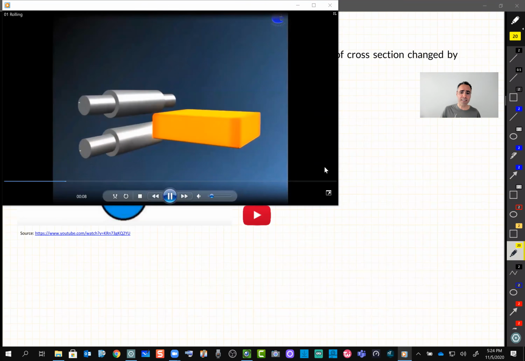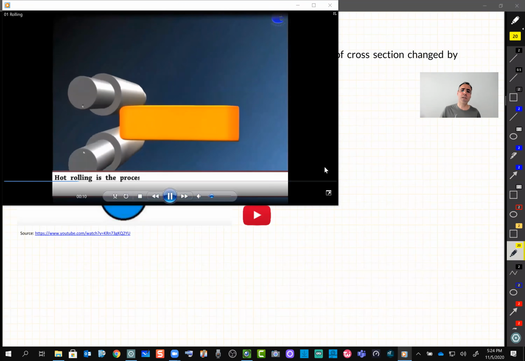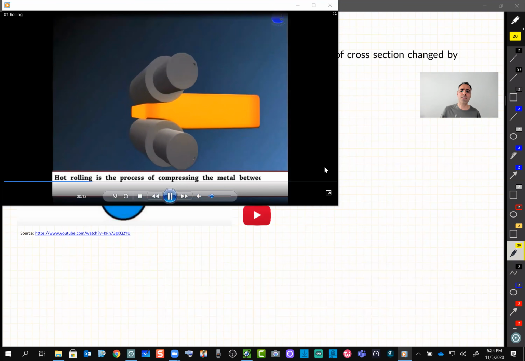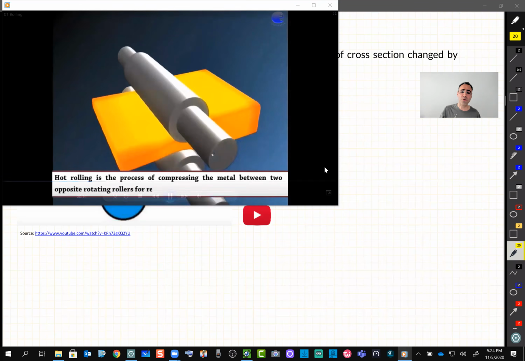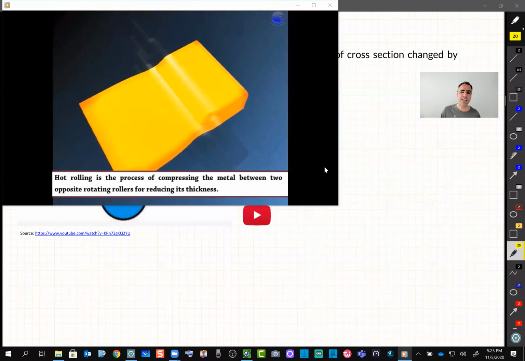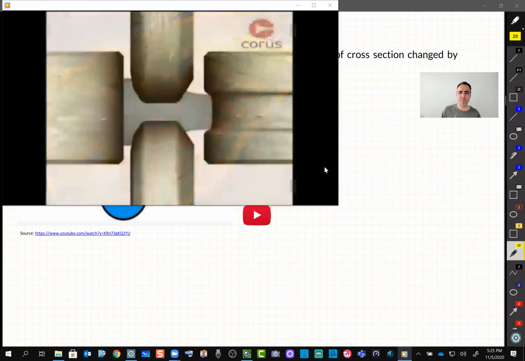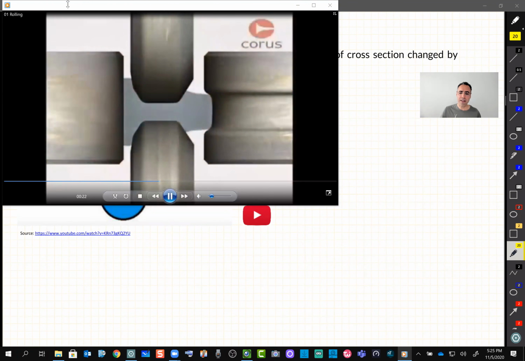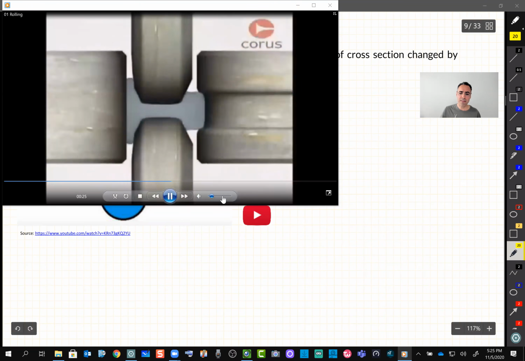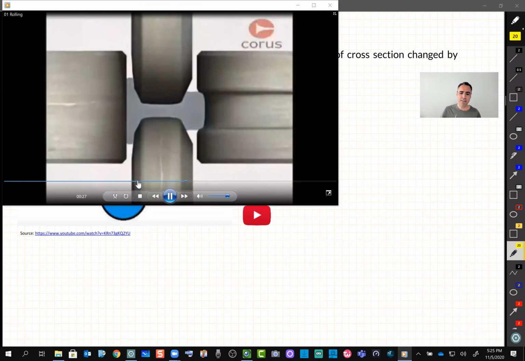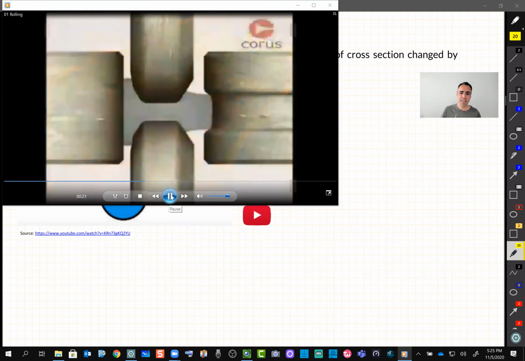So we have the billet, and it seems to be a hot roll, and it's squeezed between these two rollers. And another example. Steel is squeezed between them. We don't have to have just two flat rollers. It can be any shape, even from the side, to get the cross section that we want, like this one.